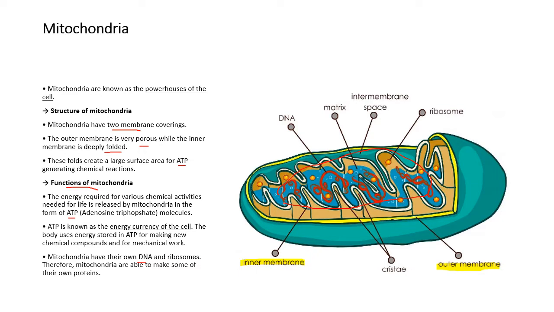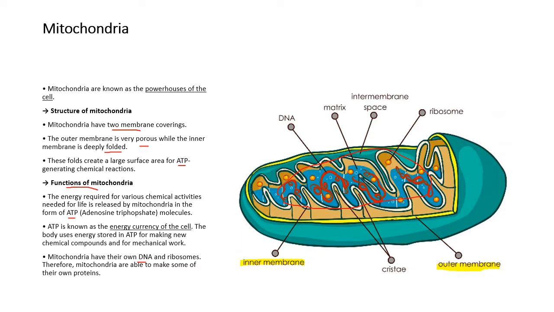So let us see one more time. Mitochondria is known as powerhouses of the cell, and you can see two membrane coverings. One is the outer membrane which is very porous, while the inner membrane is deeply folded, and these folds create a large surface area for ATP. ATP is nothing but, as I told you, adenosine triphosphate.